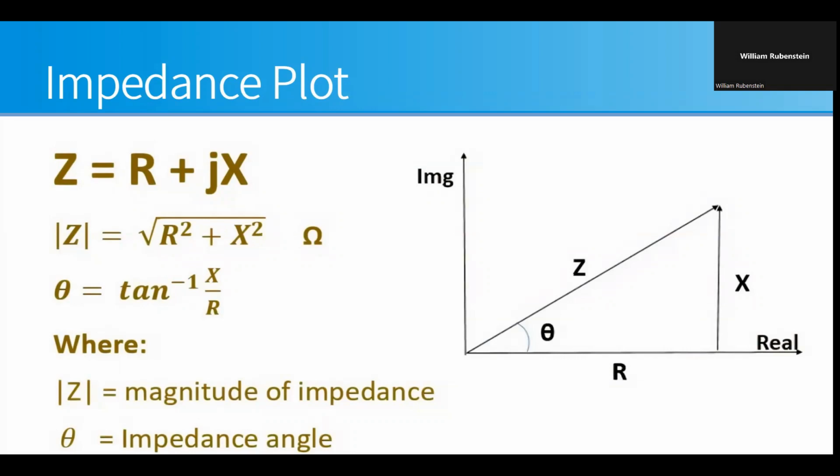If you remember the Pythagorean theorem, C squared equals A squared plus B squared, so this is the square root of R squared plus X squared. That gives you the magnitude, and we talk about that magnitude at a phase angle. You don't get that until the Extra exam. As far as the General, you just need to understand that impedance is a combination of real resistance and reactance.